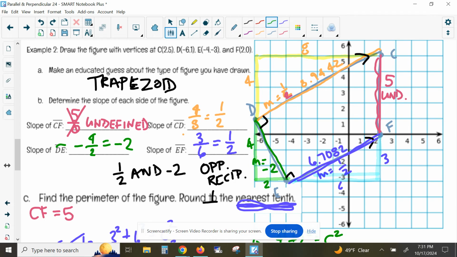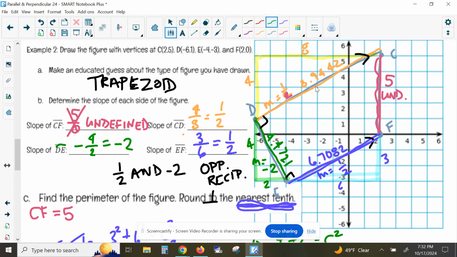My green side was the 2 by 4 one, which was about 4.4721. Okay, so I have all of my side lengths now, all 4 of them. Now remember, to find perimeter, I need to add all 4 of these up.